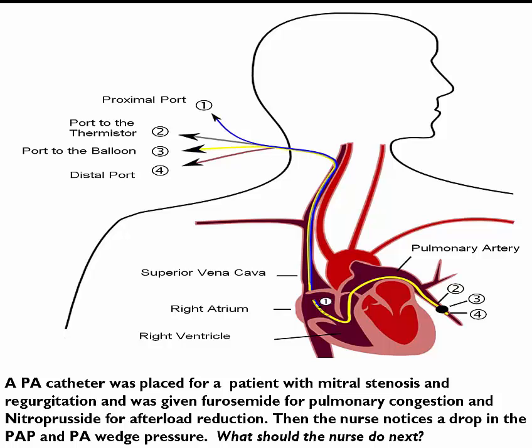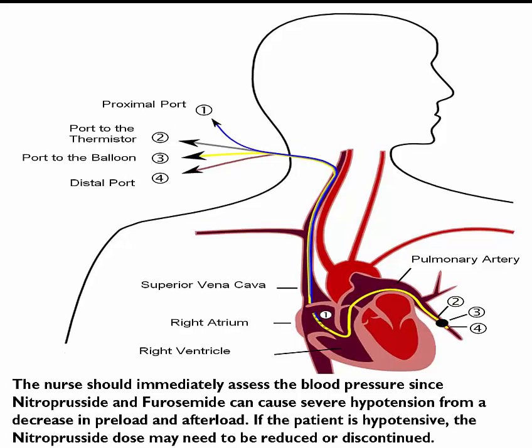What should the nurse do next? The nurse should immediately assess the blood pressure since nitroprusside and furosemide can cause severe hypotension from a decrease in preload and afterload. If the patient is hypotensive, the nitroprusside dose may need to be reduced or discontinued.